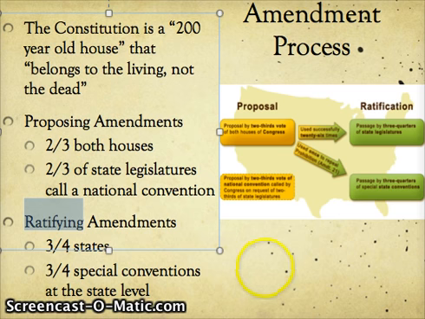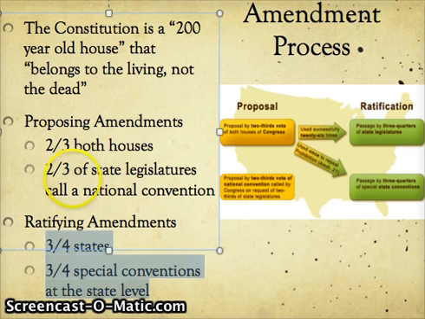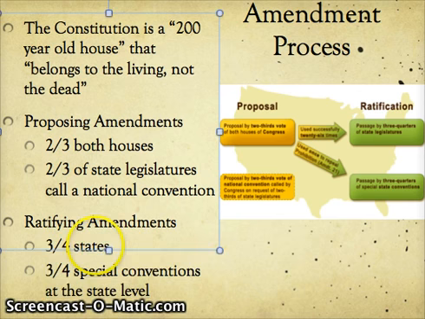Okay, the next step is ratifying, and ratifying means accepting an amendment. Now, this is done at the state level. The most common way is that three-quarters of the states will pass the amendment.